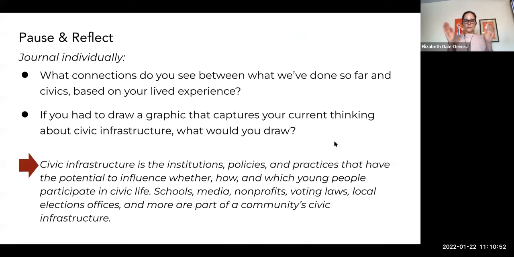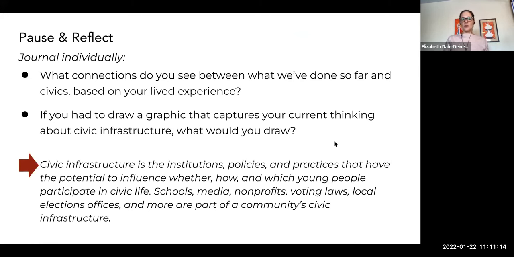What I'd like to do before we go on break is everybody mute, because this is just for you. I'm going to ask you to quickly jot down some ideas. What connections do you see between what we've done so far and civics, based on your own lived experience? And then you can see the text below, one definition of civic infrastructure.